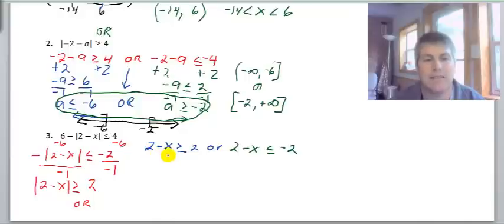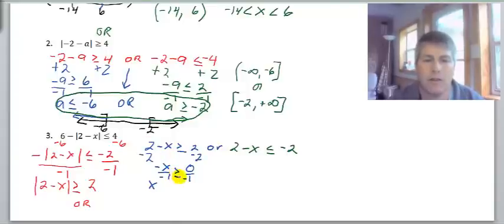Wow, we got lots of change in the inequality symbol. I'm going to subtract 2 from both sides and get negative x is less than or equal to 0. Divide by negative 1. I think I misspoke earlier. I'm a step ahead of myself.